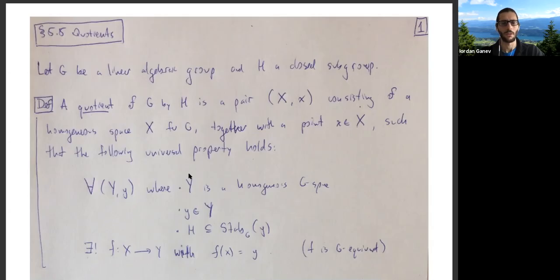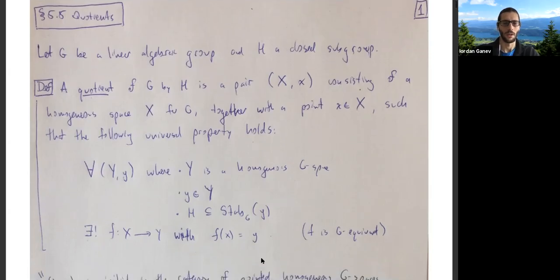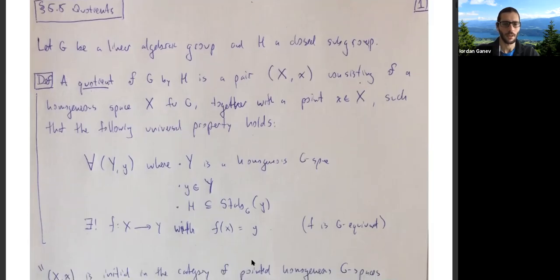Anytime we have another homogeneous space Y and a point y in it, with H a subgroup of the stabilizer of y in G, then there exists a unique G-equivariant map f from X to Y such that f(x) is equal to y.